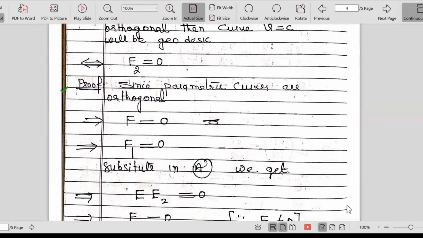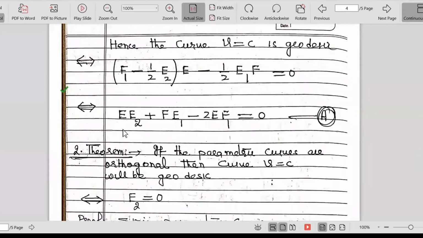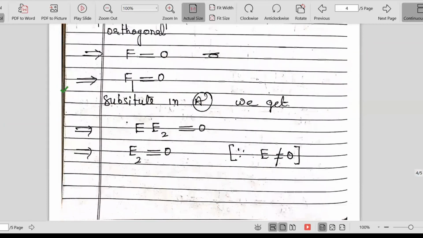So substitute these values in equation number A. Here F equals 0, F1 equals 0, so we get E E2 equal to 0. Since E is not equal to 0, it implies E2 equal to 0. So this is our result.